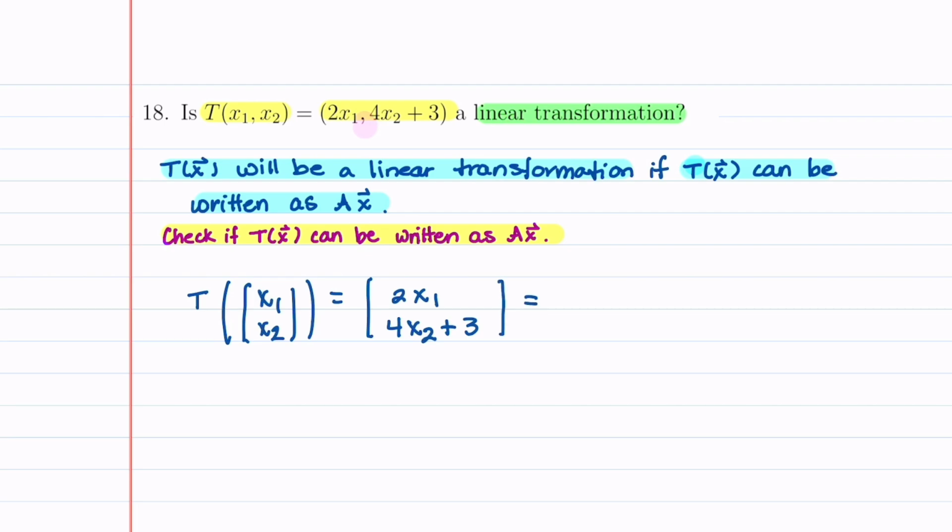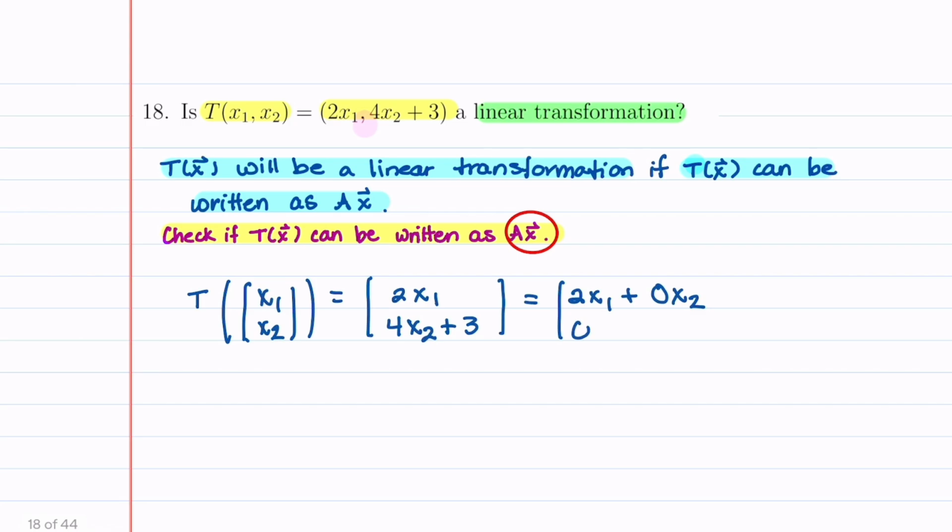Our goal is to see if we can write this as A times X. So let's pull this apart and try to write it as a matrix A times a vector X. I think an in-between step that will help is if we write 2x1, and then there's no x2s, so let's write this as 0x2. And then in our second component, there are no x1s, so let's write 0x1 plus 4x2 plus 3. And that will really help us to determine what A is going to look like.